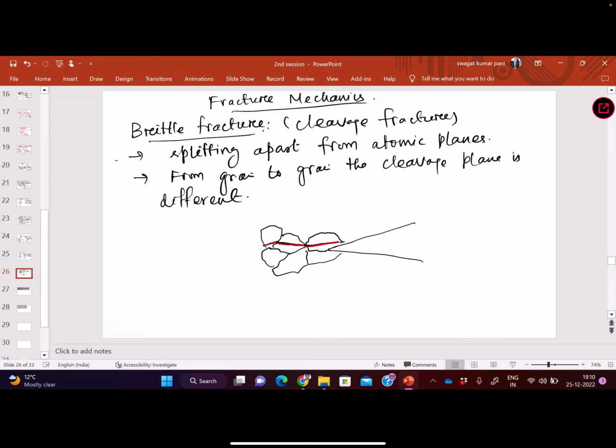And which plane will occur depends on the surface energy. So this is why we see faceted surfaces in brittle fracture.